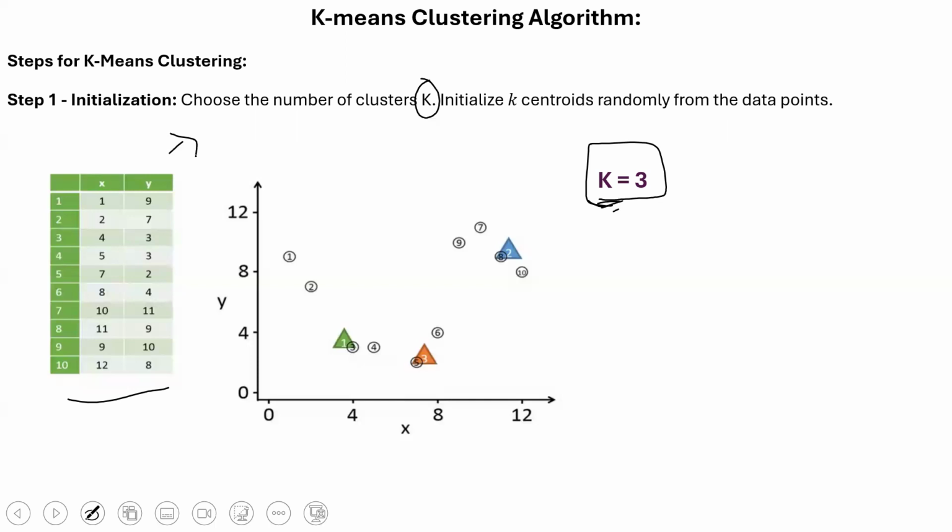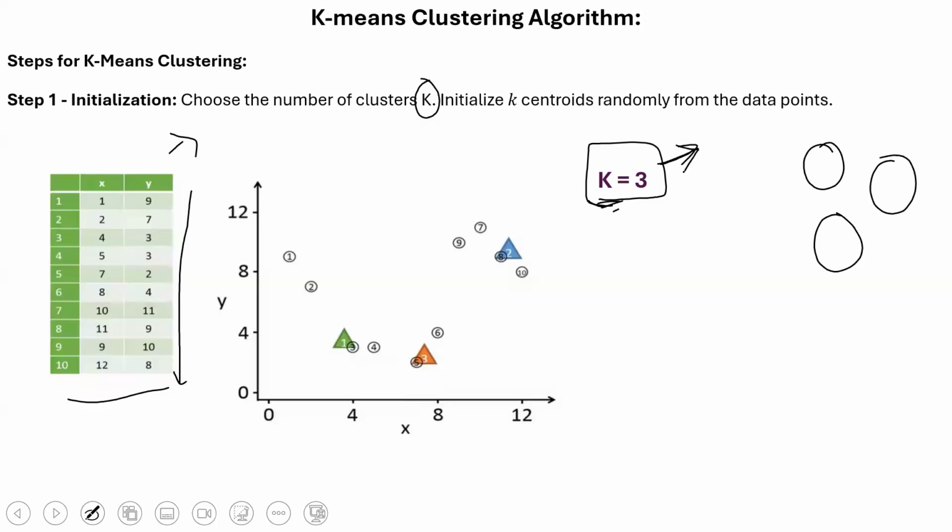So the first step in k-means clustering, when given k equal to 3, is to pick 3 random points in the given data set as centroids of 3 different clusters. You want to come up with 3 different clusters, which is what the user-defined parameter k equal to 3 says.